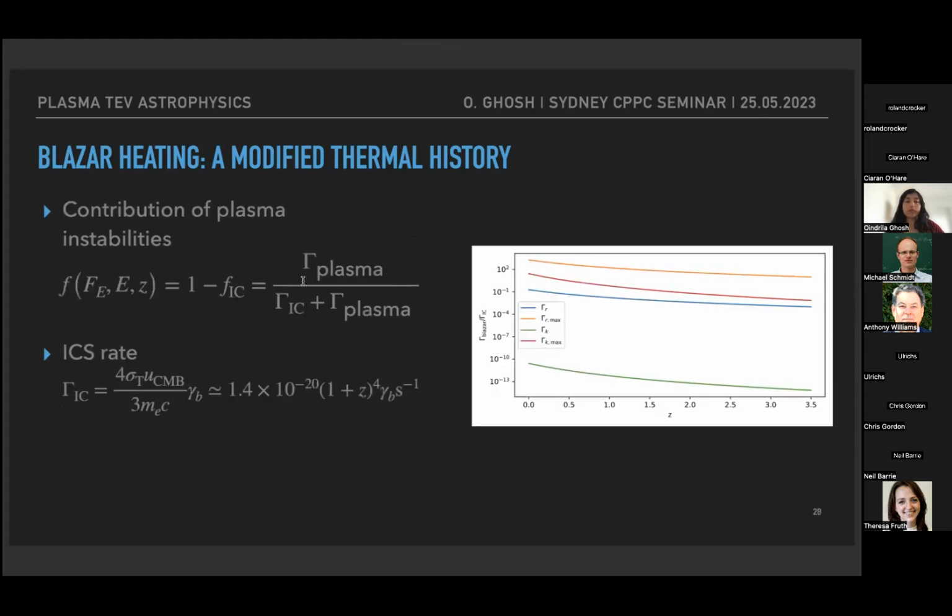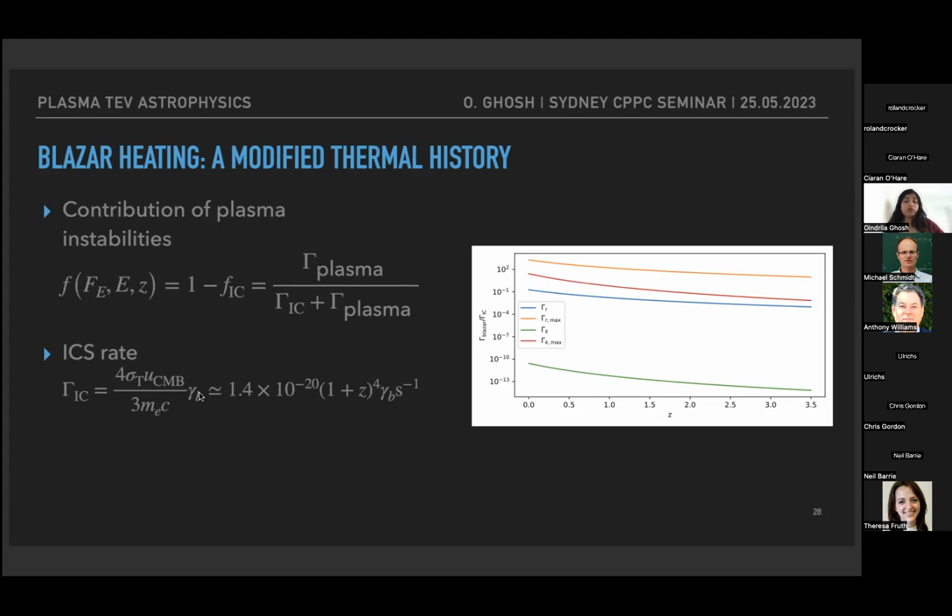So this tau plasma is the energy loss rate through instabilities, and this tau IC is the energy loss through standard inverse-Compton cascades. And the inverse-Compton loss rate depends on the energy density of the CMB, the Lorentz factor of the beam, and the Thomson cross-section.